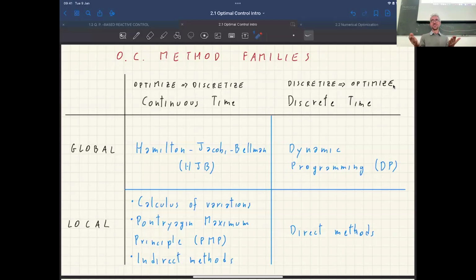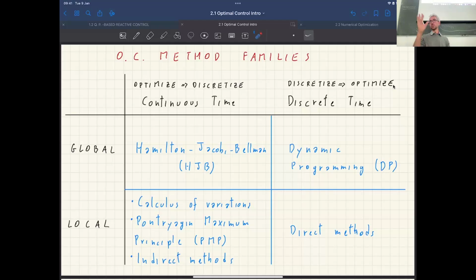That's why they're called direct methods, because you're directly taking the problem, discretizing it, solving it. It's a very pragmatic approach, it works very well in practice, and it's very flexible because it allows you to deal with any kind of constraints. So you can have inequality constraints of any kind on the state, on the control input.